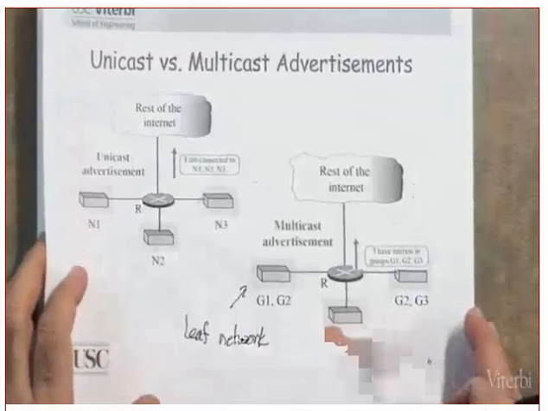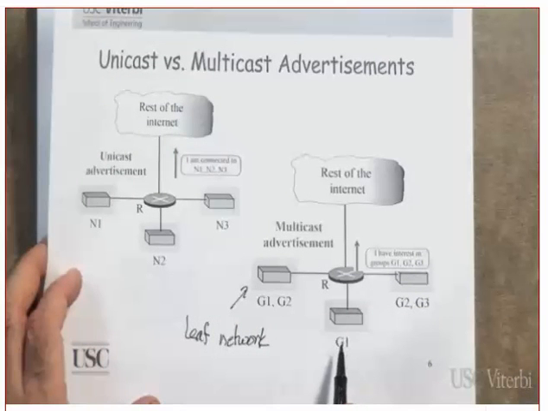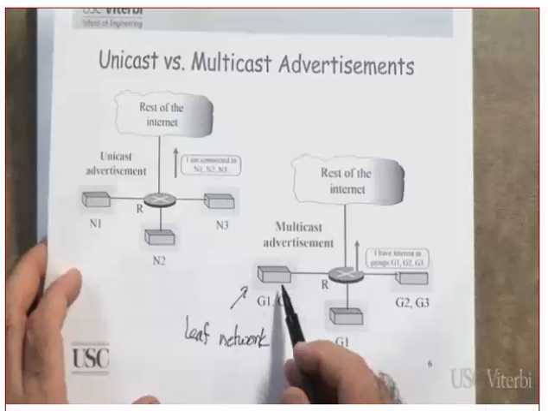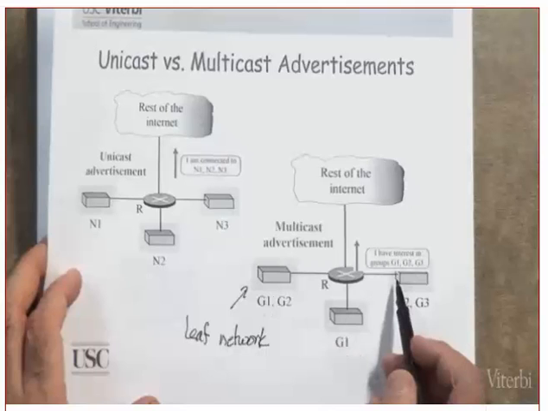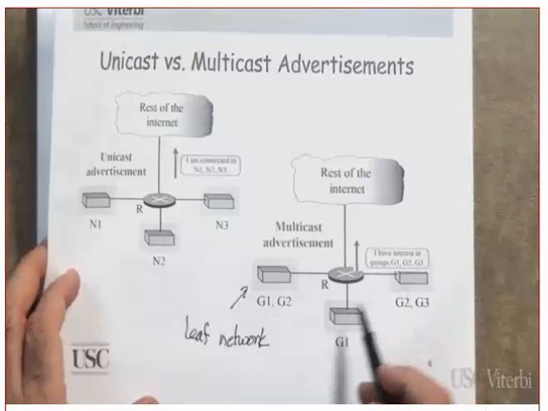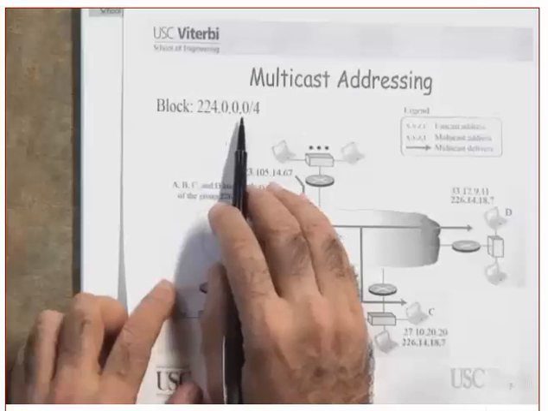Now, the three elements of multicasting are the following. First of all, the multicast addressing. We said that the multicast address block is 224.0.0.0/4. The multicast group address starts with the prefix 1110, and then there are 28 bits. This is the multicast group.